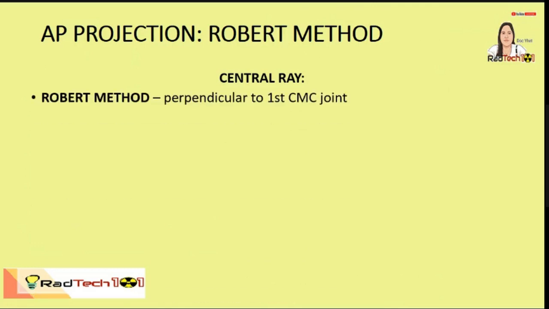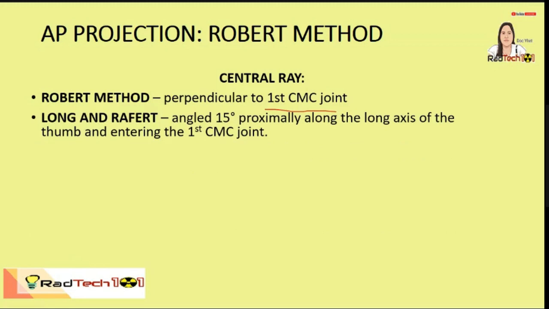So the central ray for this, according to Robert, perpendicular lang sa first CMC joint. So parang kasama rin siya sa thumb. Pero yung kanyang focus talaga is the first CMC joint. So kay Robert, perpendicular. Kay Long and Raffert, 15 degrees proximally.